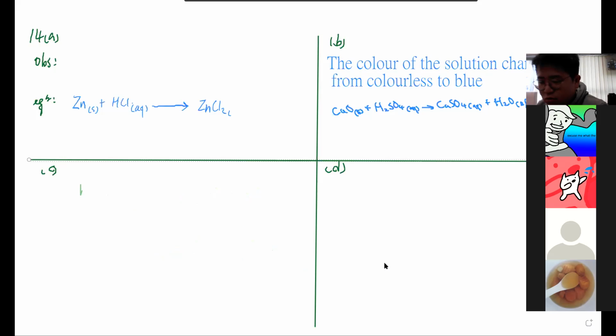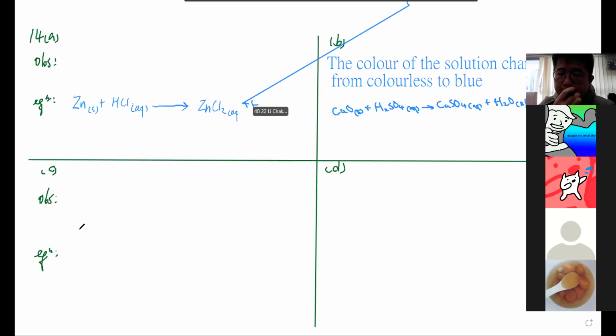And you may tell me the observations and let somebody write on the C part. What do you think? Solid magnesium carbonate is added to dilute hydrochloric acid. Now I'm your secretary. Tell me. Yeah, something is missing.